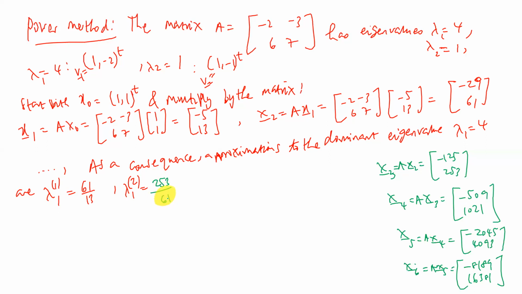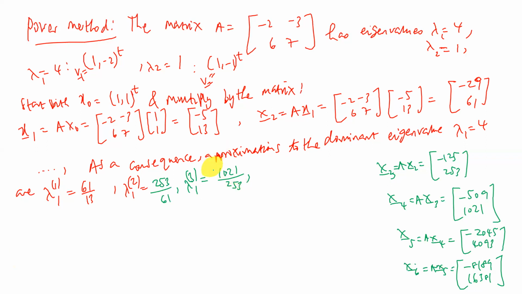We shall analyze that together just now. For the next approximation, you have 1021 over 253.